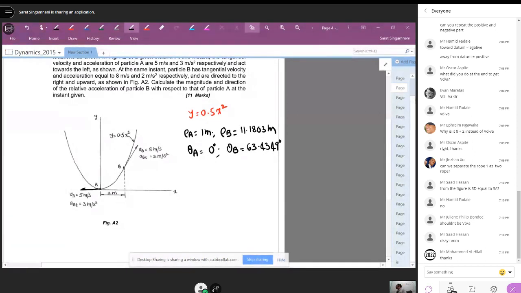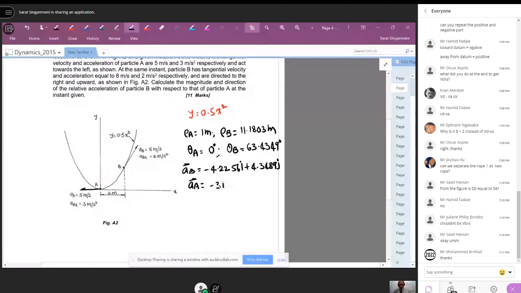Then you calculate the normal components of acceleration at B and A, and vectorially add, resolve them into x and y components, and write vector acceleration for B. Acceleration B vector will come to minus 4.2256i plus 4.3489j.